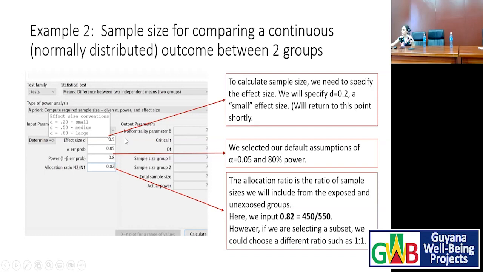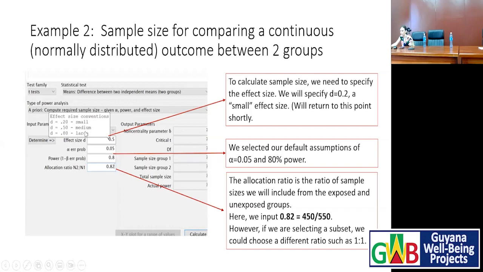Okay, and here we're calculating sample size. When you're calculating sample size, remember, you always have to fill in two of these three parameters. We filled in the power, we selected 80%. We also need to select an effect size here. Sometimes we might have information that will help us decide exactly what to fill in. Sometimes we don't. Here we don't really know, but we can use the effect size convention.